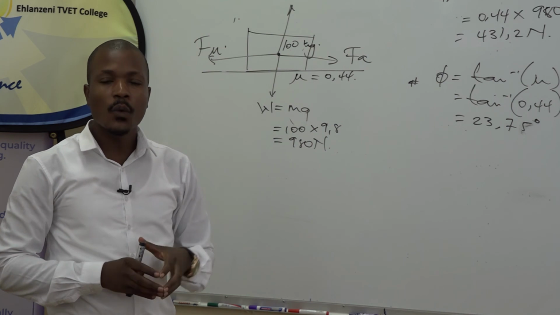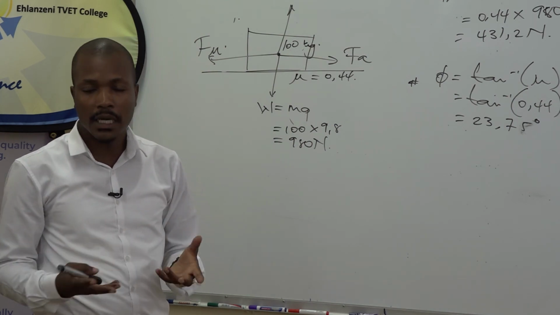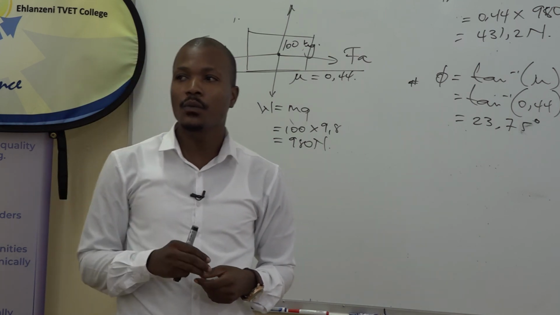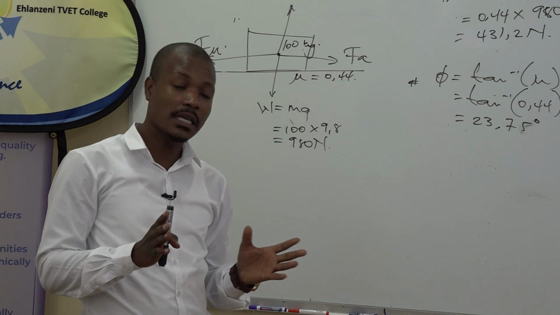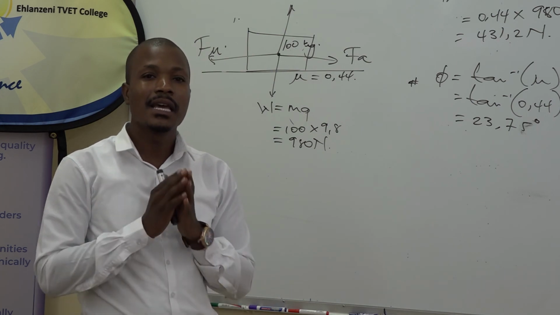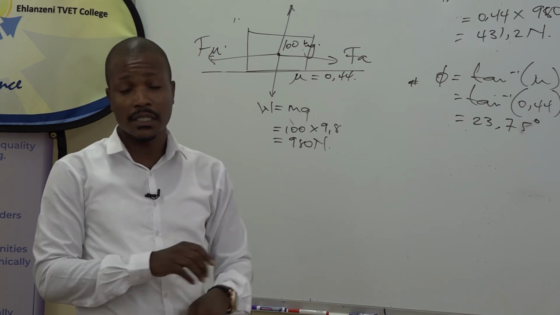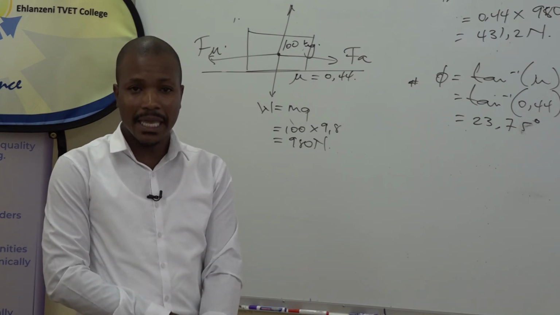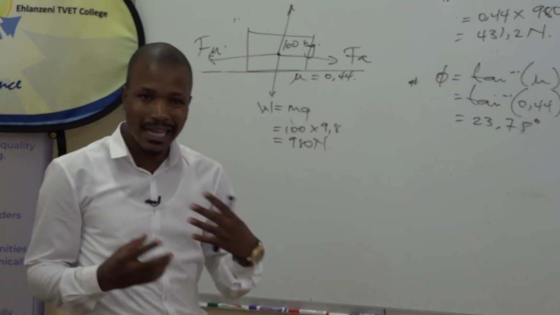Remember again, whenever your question comes, in most cases, with regards to friction, your question will not say, state the uses of friction. In most cases, it just simply says, state 3 advantages of friction and 3 disadvantages of friction. And again, familiarize yourself with the terminologies that you might encounter.